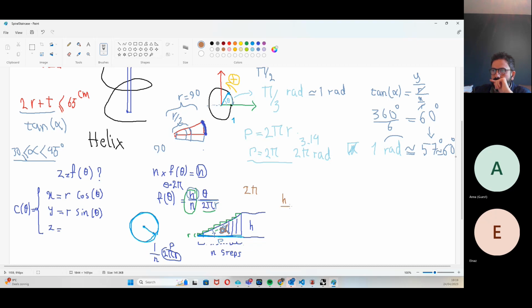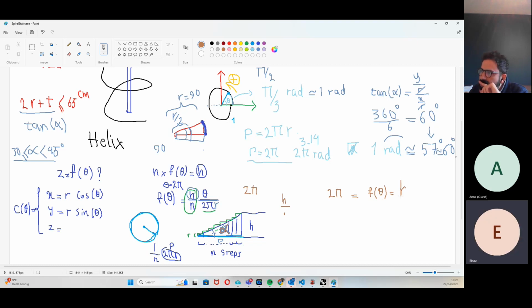H divided by N, it should be equal to h. When theta equals 2 times pi, the f of theta should be equal to r. Sorry, no, h.